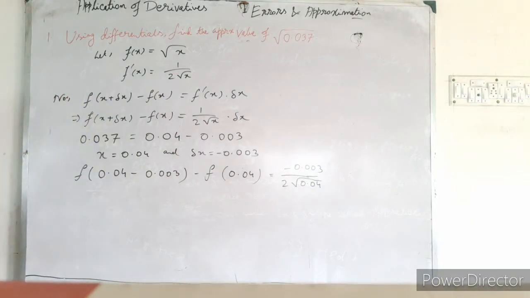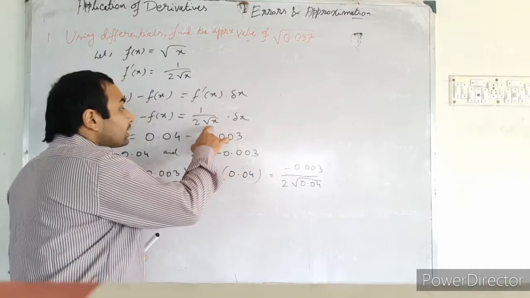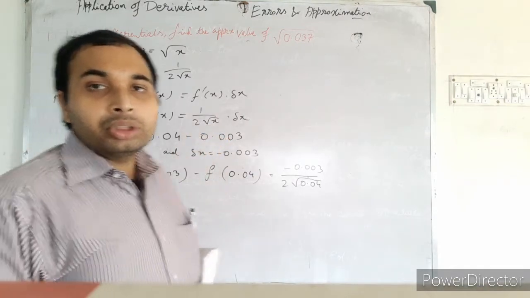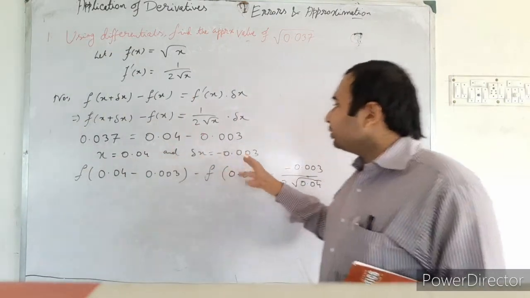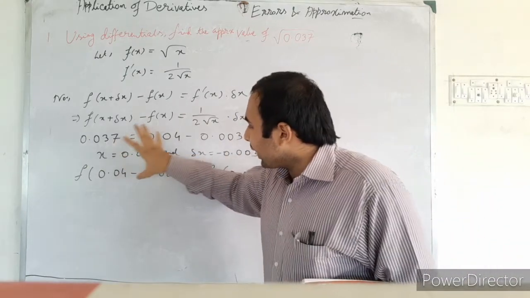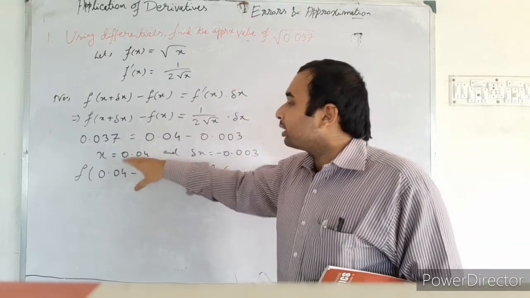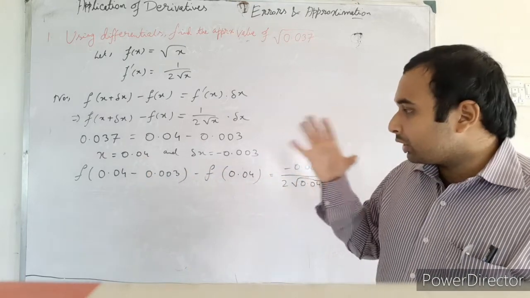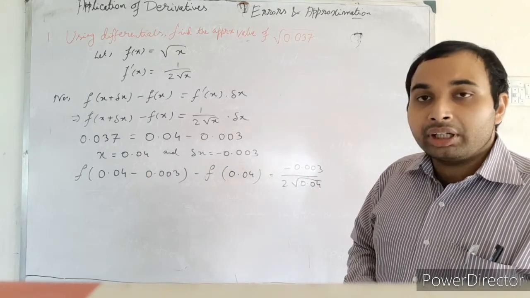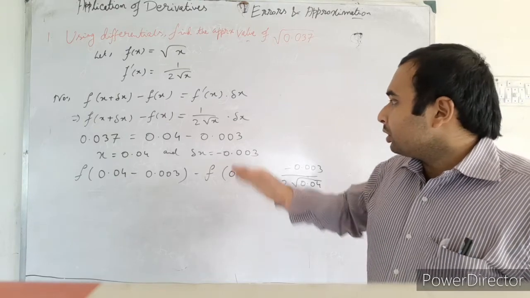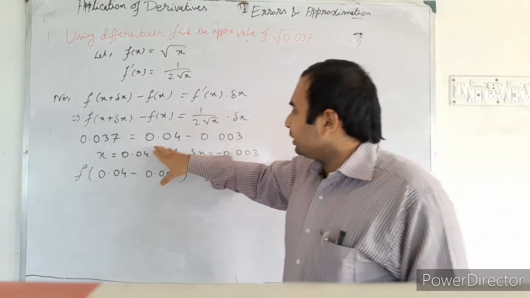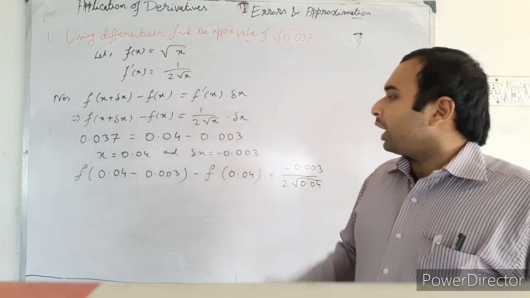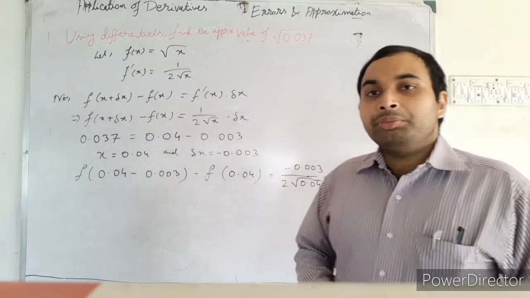Actually here, since x is under the root, if we take the value of x as such, we can make the root easy, 0.04 is a square, we can take the square root easily, 0.2. Like that, actually if you take 0.09, that will be a much bigger number.